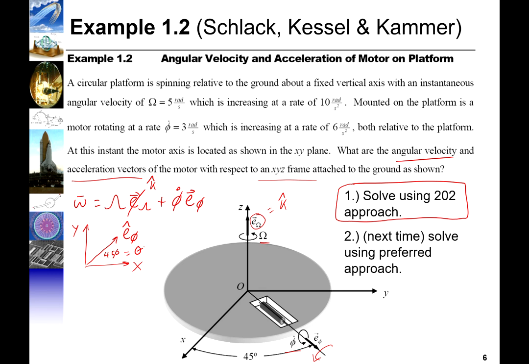So using the approach we did last time, we can break this into components, and so we can say that E phi in the most general case would be a cosine of theta in the i direction plus a sine of theta in the j direction.